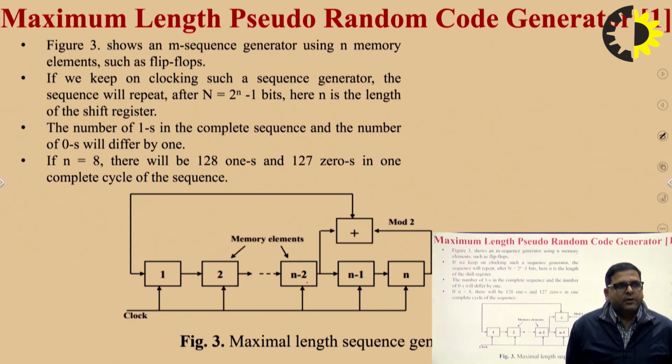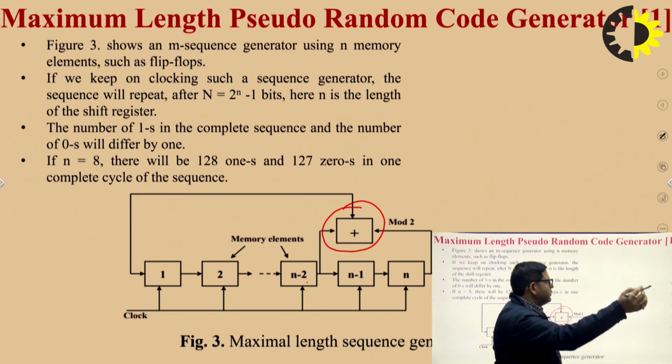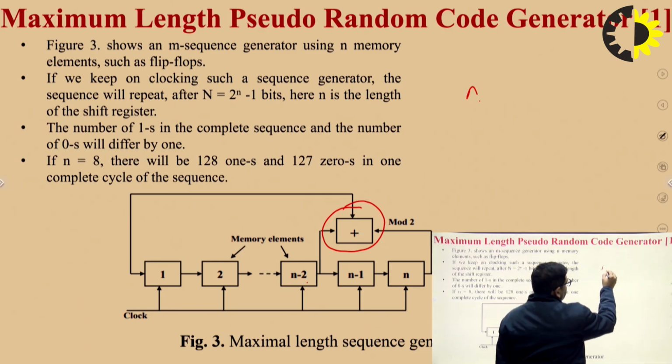In this figure, we have shown a maximal length sequence generator which consists of different flip-flops, and the feedback circuit consists of a modulo 2 adder. In modulo 2 addition, we have an operation like this.